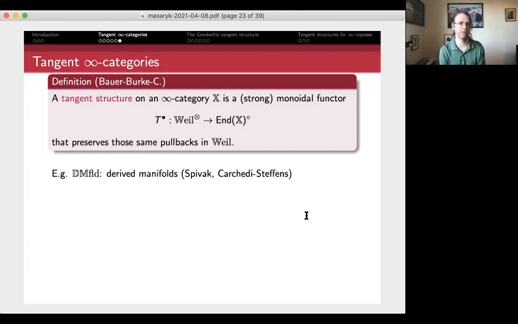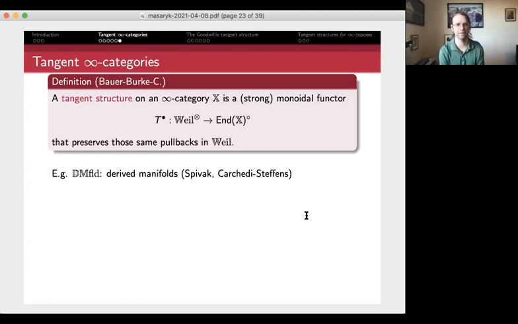And so this example I've written here is the infinity category of derived manifolds, which is originally due to Spivak, I think, and the particular version that we referred to is by Carchedi and Steffens. This is an infinity category that extends the ordinary category of smooth manifolds, really to allow you to form pullbacks, fiber products, along non-transverse maps.